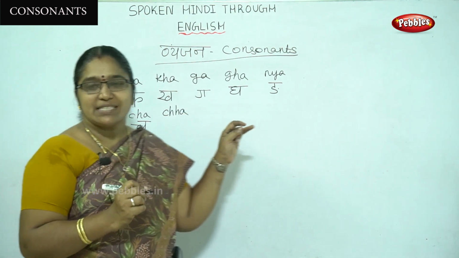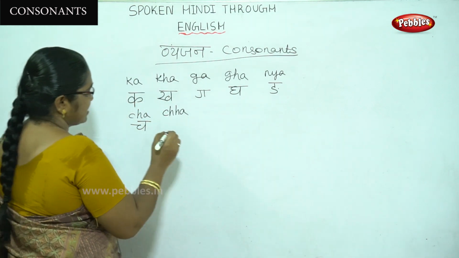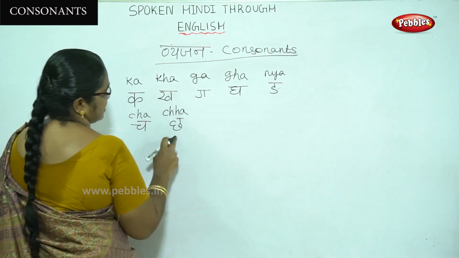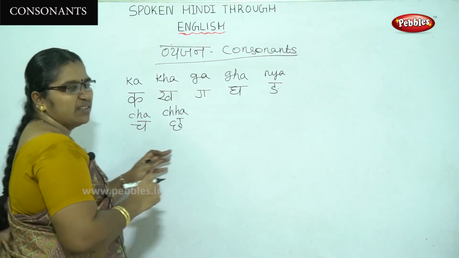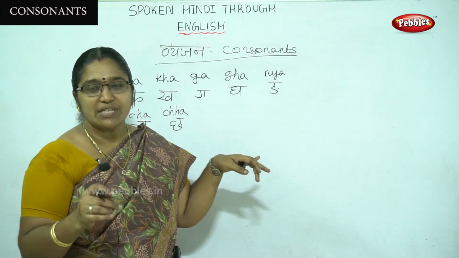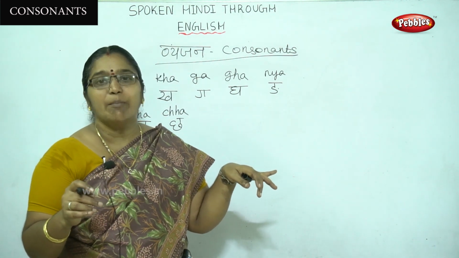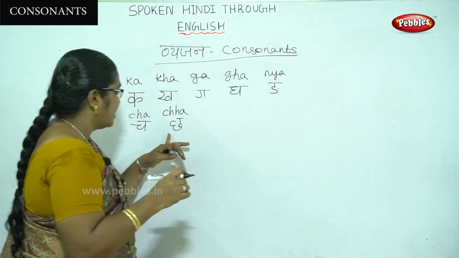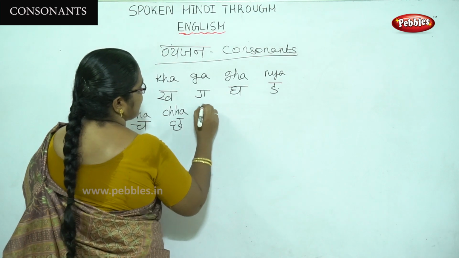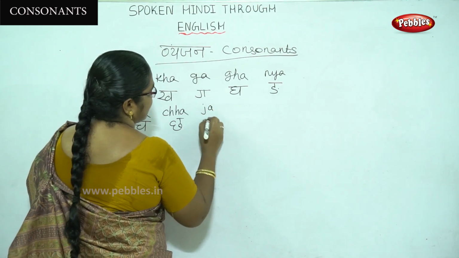Here we have one circle and join the letters. This is for chhatri. Chhatri means umbrella. The next one is ja.